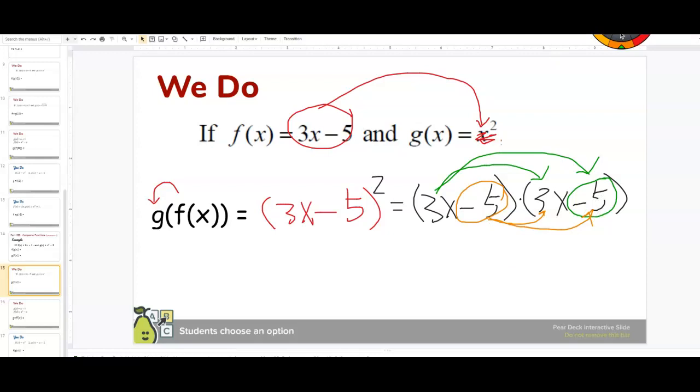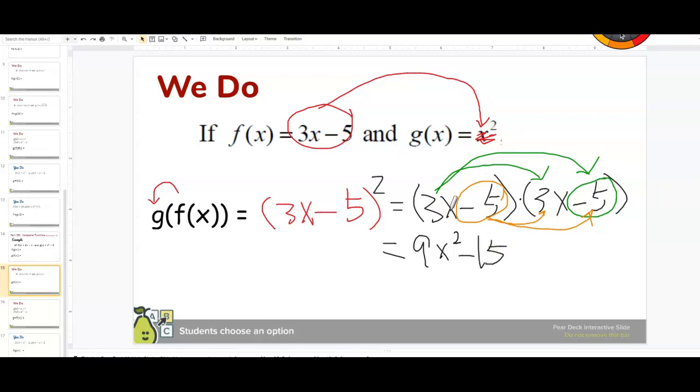So let's do the multiplication one by one. First arrow is 3x times 3x. Number part, 3 times 3 is 9. X part, x times x is x squared. Second arrow, 3x times negative 5. Number part, 3 times negative 5 is negative 15.